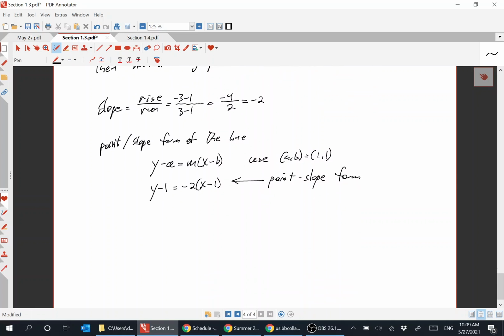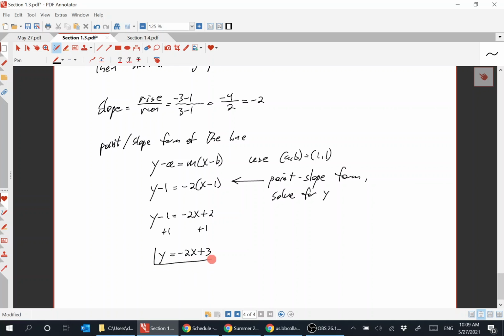And now you can take the point slope form and transform it into slope intercept form by solving for y. Solve for y, so I'll multiply through by the negative 2: minus 2x plus 2. Now add 1 to each side, so y is equal to minus 2x plus 3.